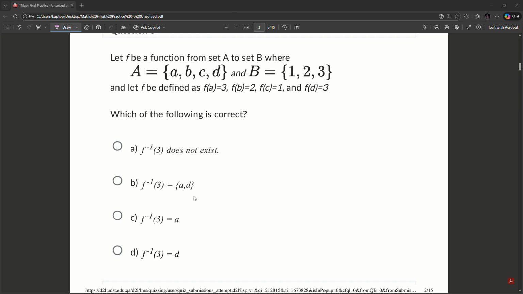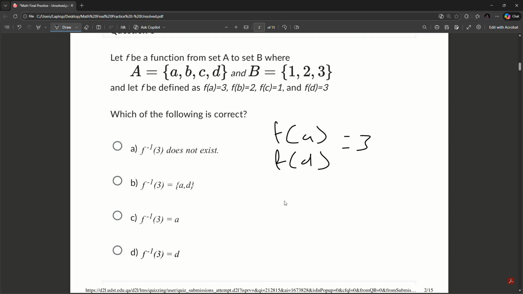For this one, the answer should not be that complicated. Because if fa and fd equal 3, that means the inverse is basically just swapping the positions.